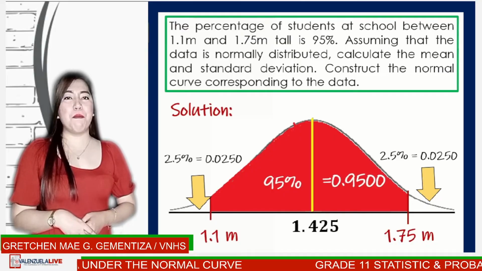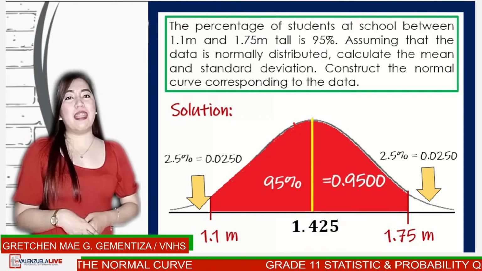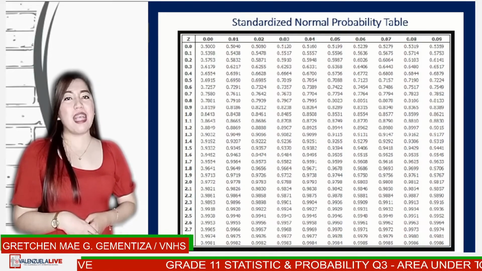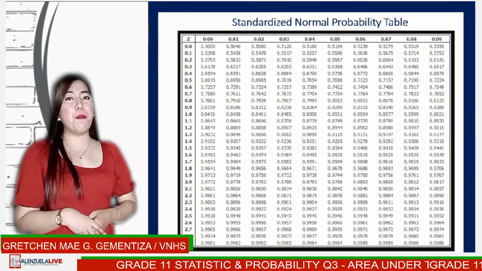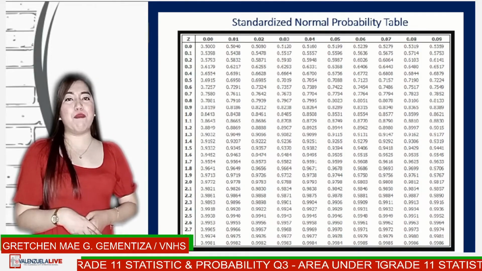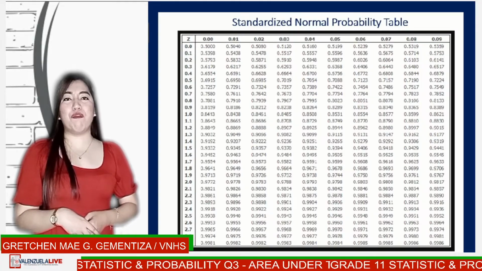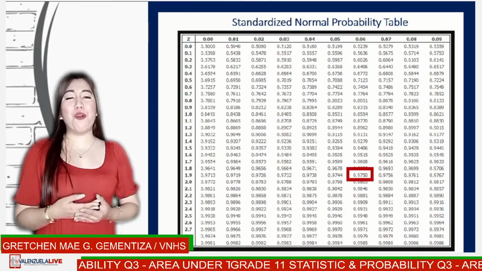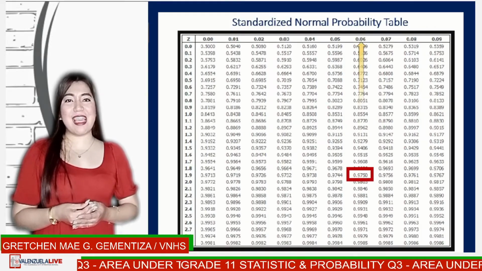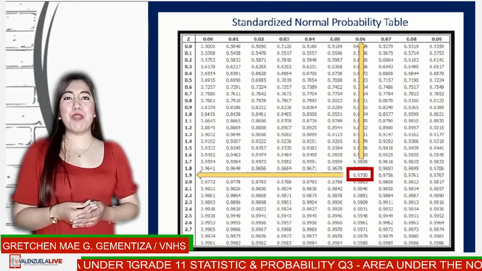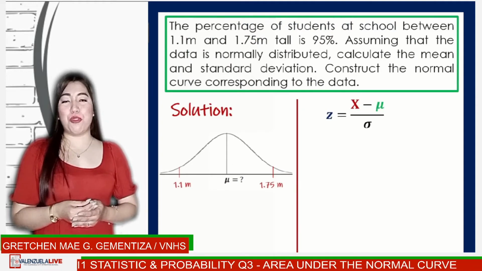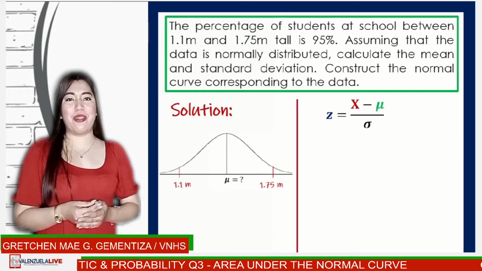97.5%. Use the table and identify the closest z-score which has the probability of 0.9750 or 97.5%. Based from the table, its z-score is 1.96. We will now substitute all the given in the z-score formula to solve for standard deviation.